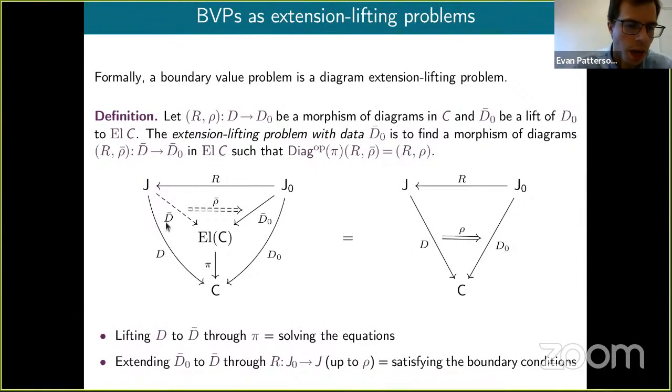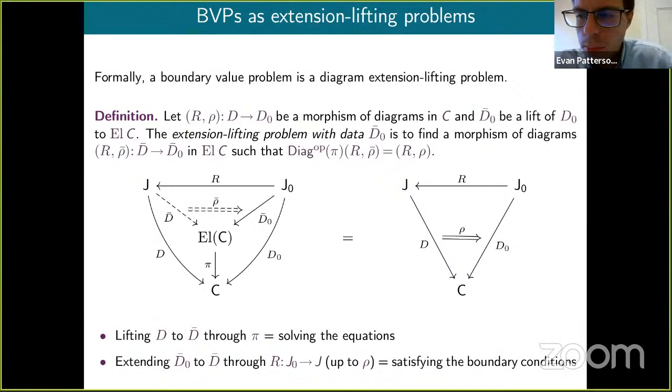In other words, I need to find a D bar that is a lift of D through the projection. So that's solving the equations. And then simultaneously, I need to extend the data at D naught bar to D bar through this map R, and I need to extend it up to this natural transformation, and doing that is satisfying the boundary conditions.